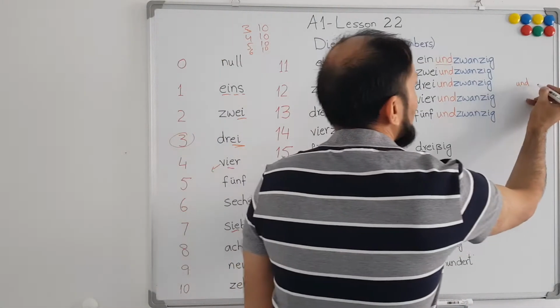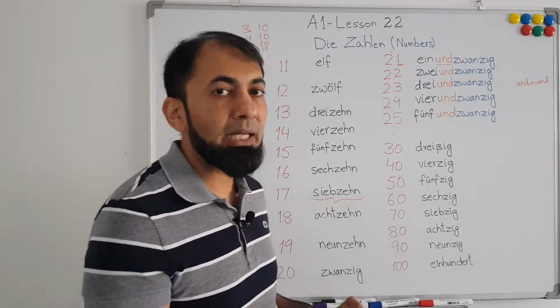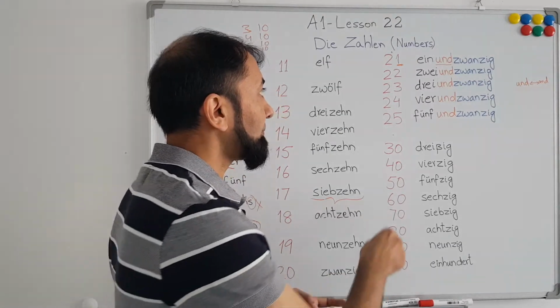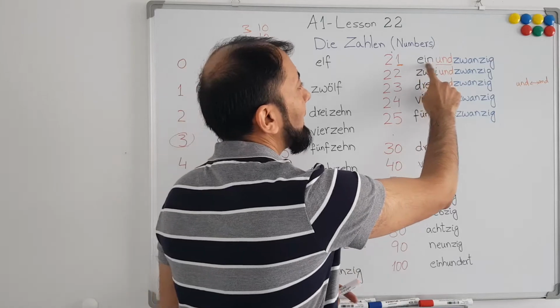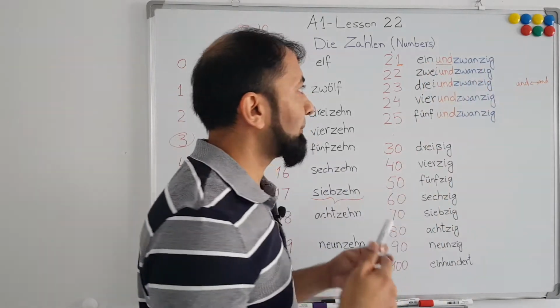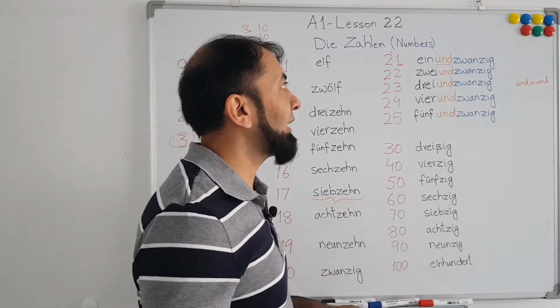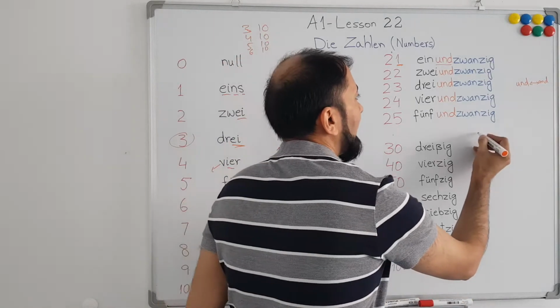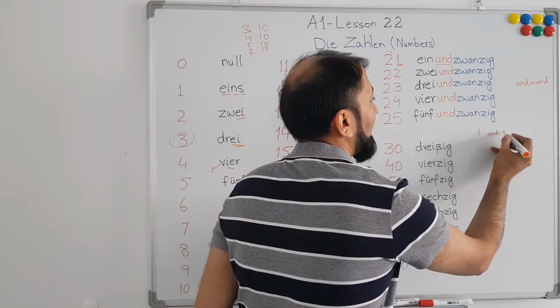So und is "and", and this is something that we add in the numbers. So ein und zwanzig. If you translate this, it will be 1 and 20.